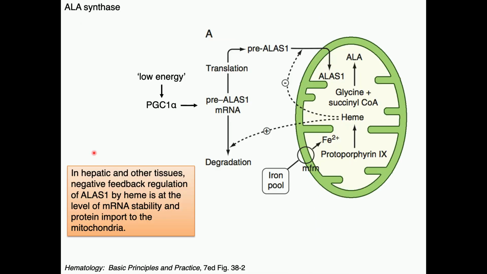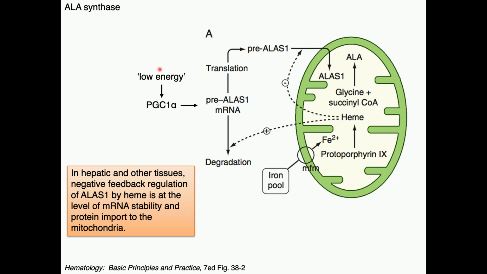So if we look at the ALAS1 expression, this is encoded from a totally different gene than ALAS2. And the things that are positively regulating it are tissue energy starvation and various forms of low energy, such as the high ratio of NAD plus to NADH in the cell.